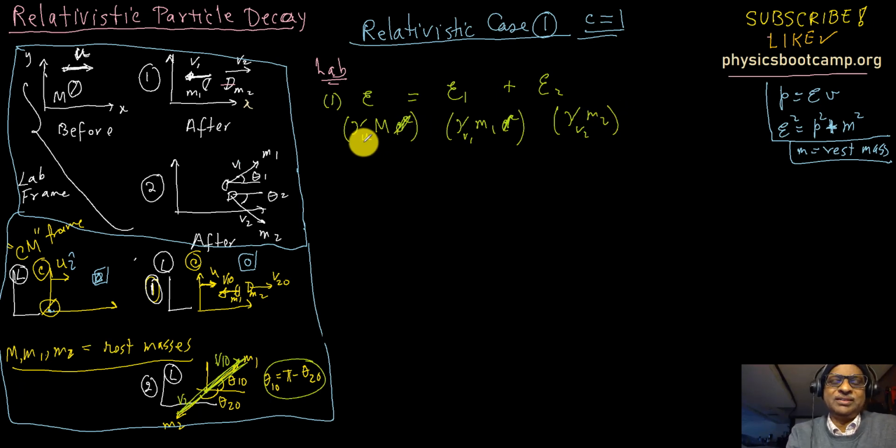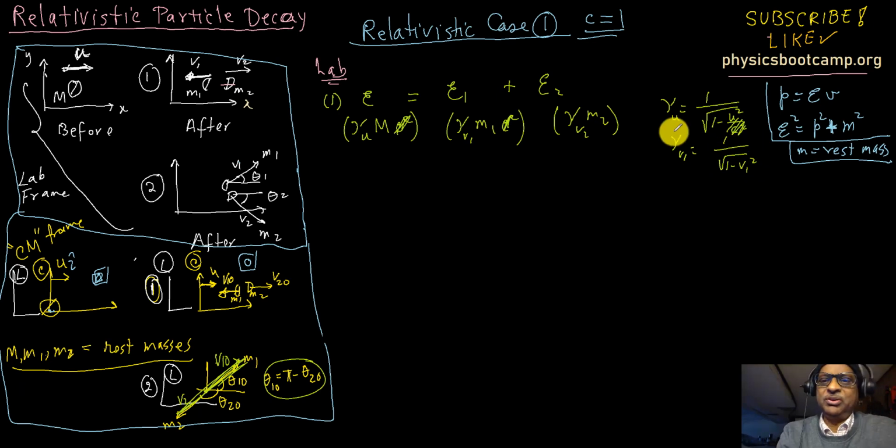Now already see these gammas are, if you remember, gamma of something is 1 over the square root of 1 minus u square over c square, and I just set c equal to 1. And this is going to be with v. Gamma v1 will be 1 over square root of 1 minus v1 squared, the speed which you don't know, and it's sitting down here. It's pretty nasty looking, right? So we should try to always make it very simple.